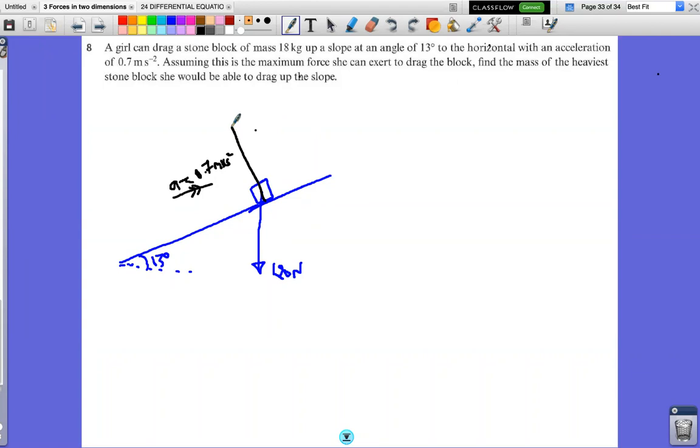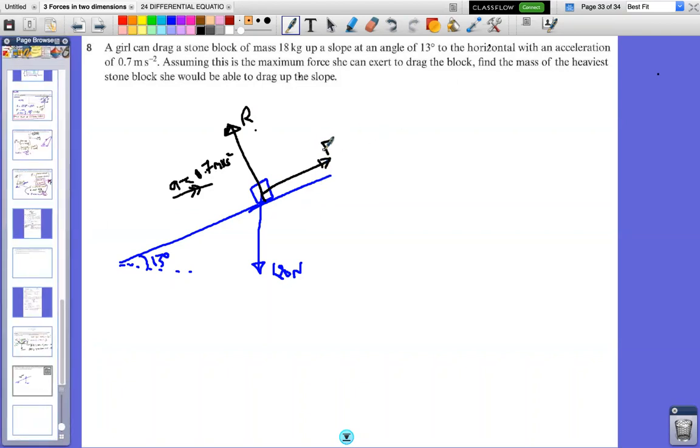So there is also a normal reaction here, call it R, and the girl is dragging with a force F, which we need to find, right?